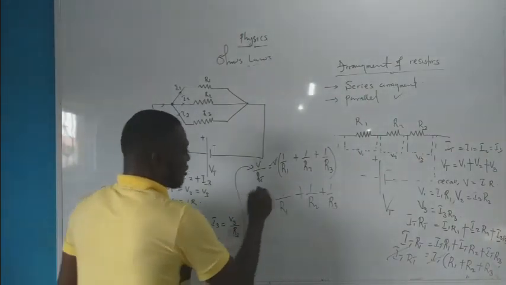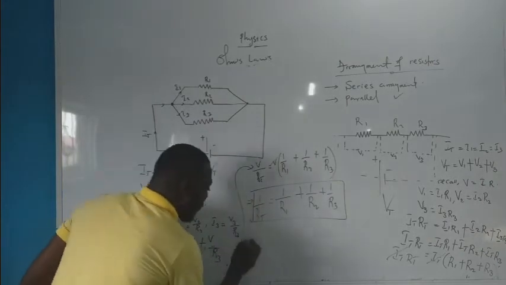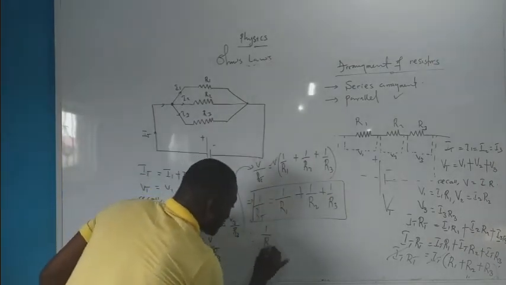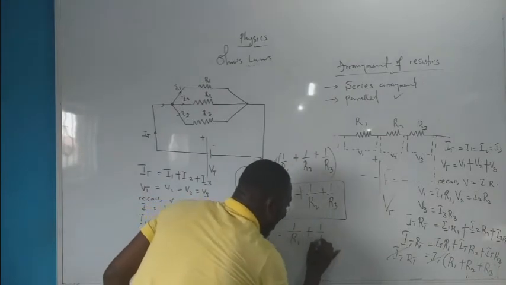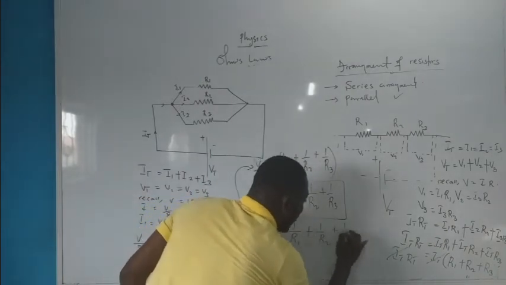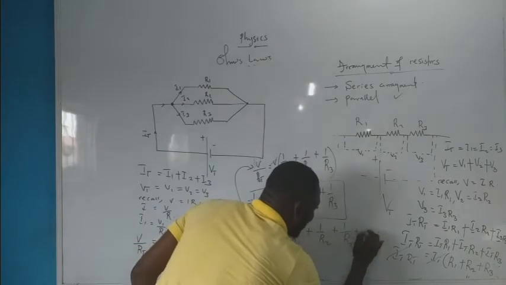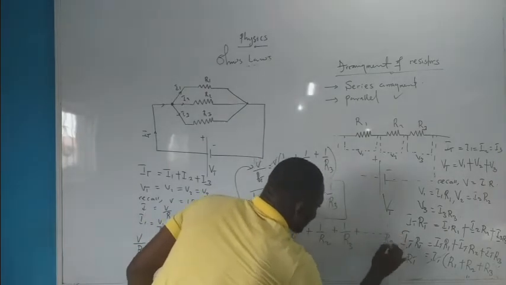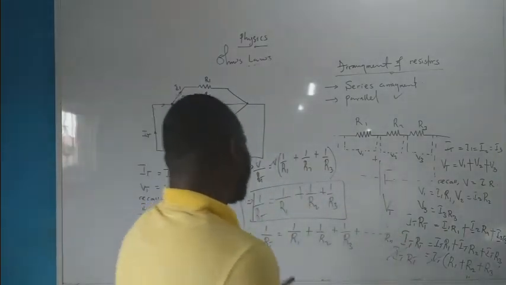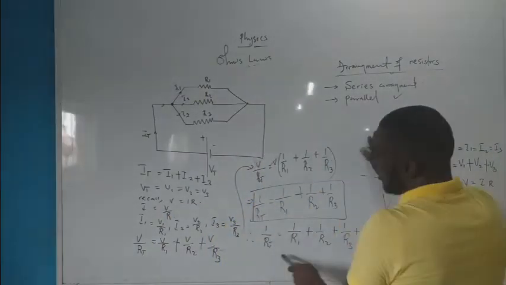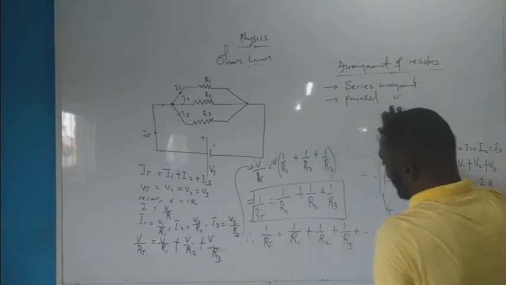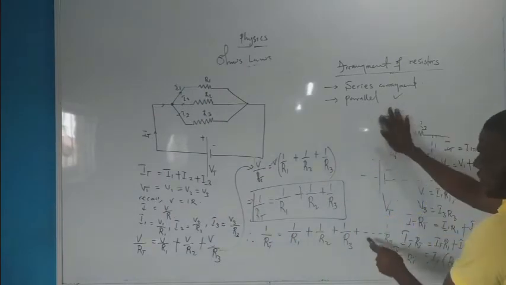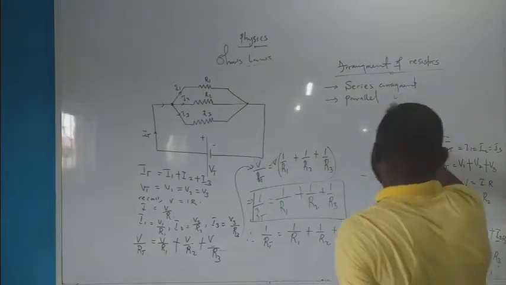So therefore 1 over RT equals 1 over R1 plus 1 over R2 plus 1 over R3 and so on up to 1 over Rn. That's the formula when we have more than 3 resistors connected in parallel, till you get to the last resistor.